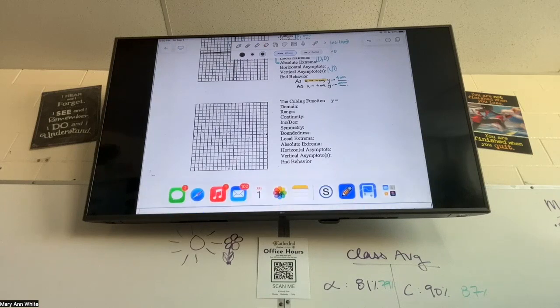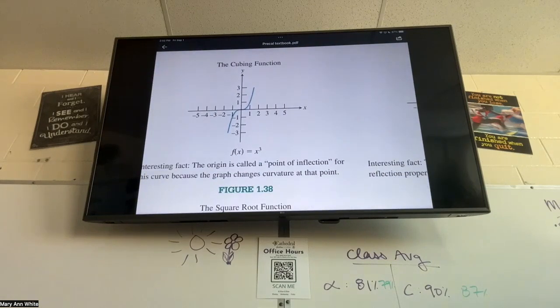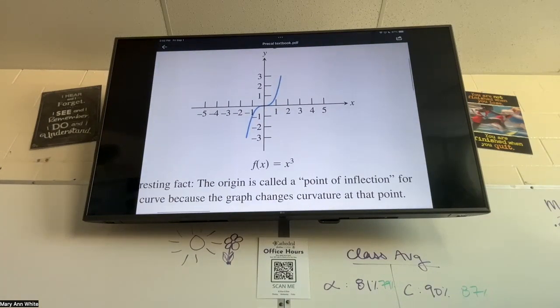I don't want to do the cubing function with you because I think it's easy enough for you to do on your own. Let's just go look at it so we can graph it. The cubing function is x to the third, and it's kind of like a squiggle or a snake or an S through the center, through the origin.